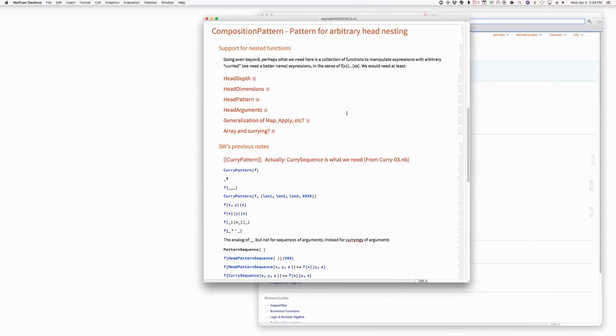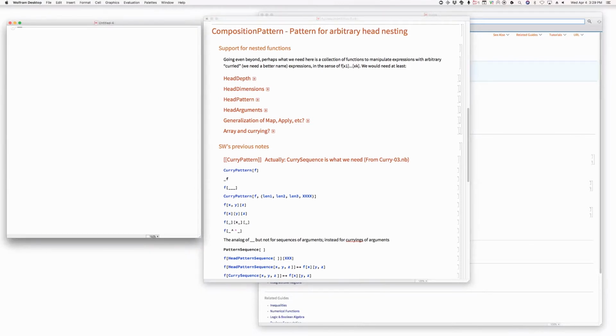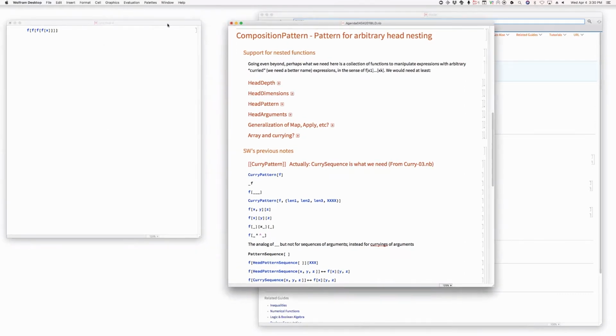So the issue here is, can we make a pattern that represents an arbitrarily nested collection of functions? And the next question is, why do we care? We've been able to get away without this for 30 years. I think the answer was there were things that were involved with Tony's work where it seemed to be important.